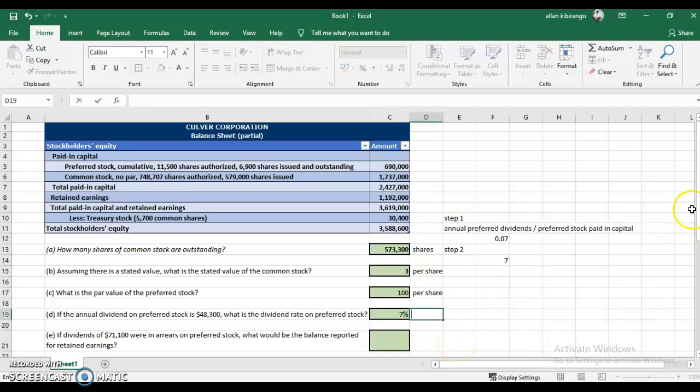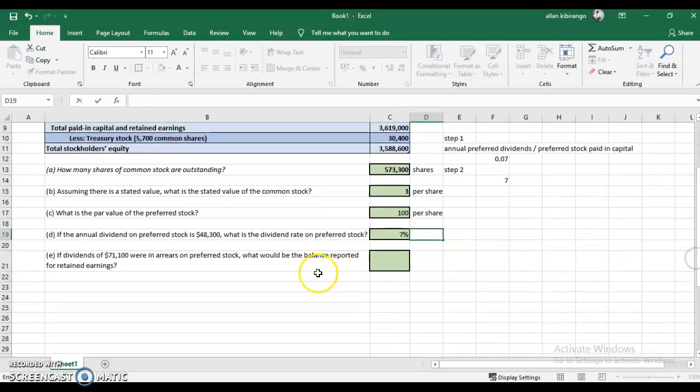And the last one, if the dividends of 71,100 were in arrears on preferred stock, what would be the balance reported for retained earnings?